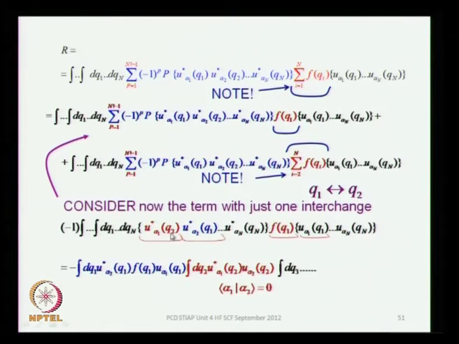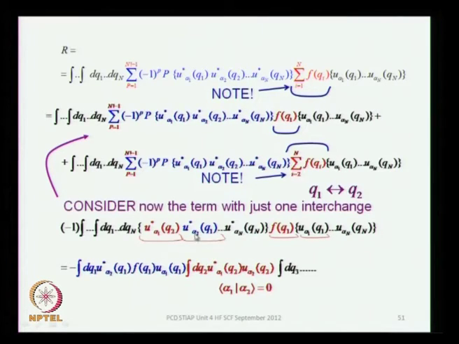So, this is the interchange. So, I have got u alpha 1 star q2, I have got u alpha 2 star q1. What about u alpha 3 star? The argument will be q3, because there is only one interchange that we are restricting ourselves to, right. U alpha 4 star, the argument will be q4, right. So, we are not touching the remaining ones, only one interchange.